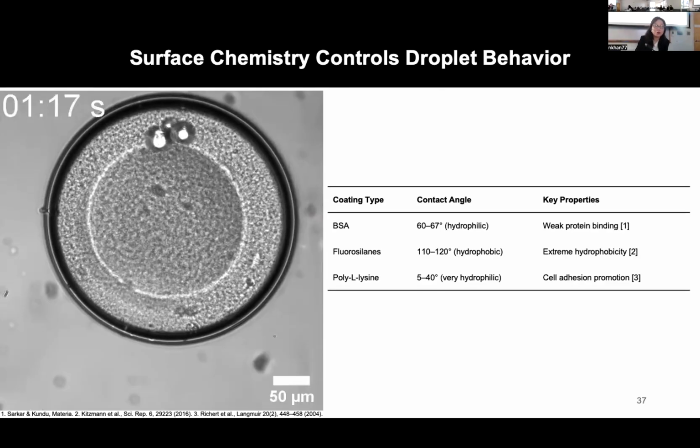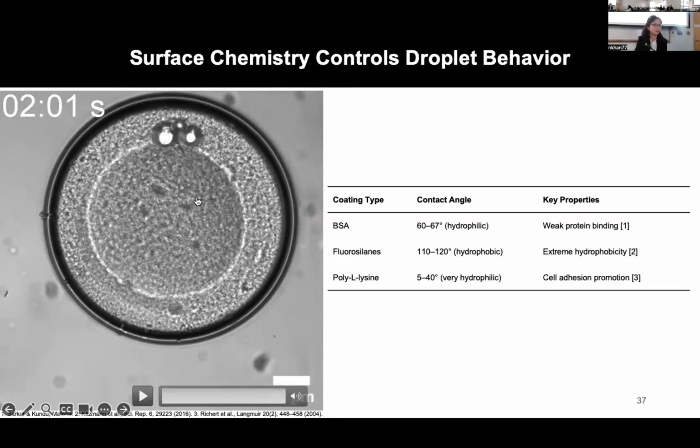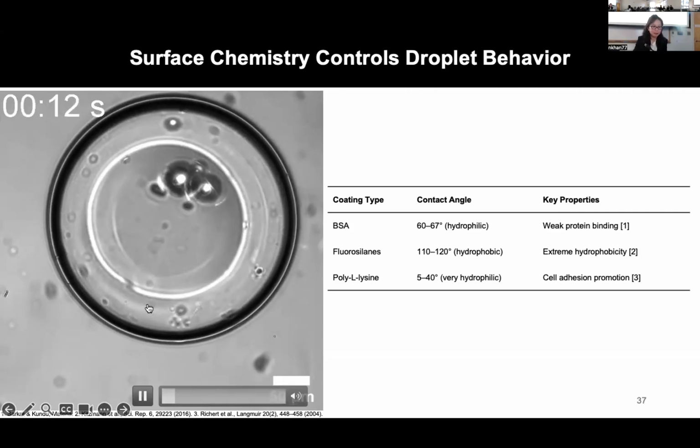But you might also notice there is a bright ring here, and you may wonder what that is. Actually, it is because it attached to the glass slide. We use BSA to pre-coat our glass slide, and it is really hydrophilic.